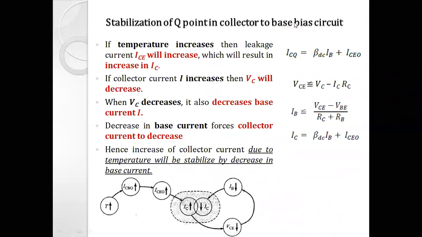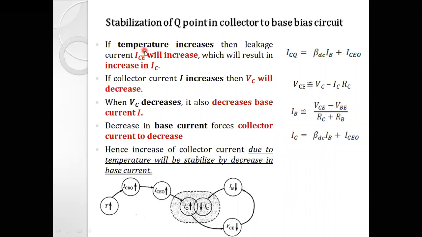Let us discuss the stabilization of the Q point in the collector to base bias circuit. Right, so how can we do that? Let us consider each of the factors which may affect the location of the operating point one by one, starting with the first one.